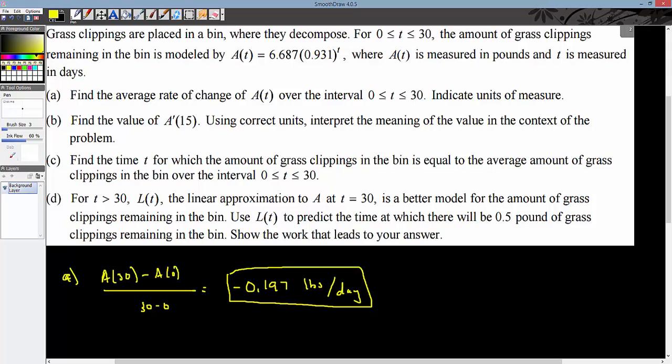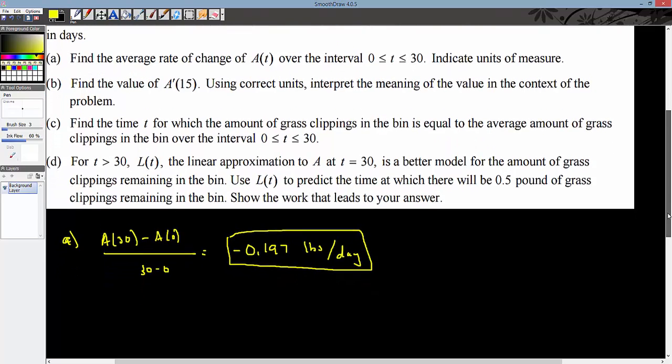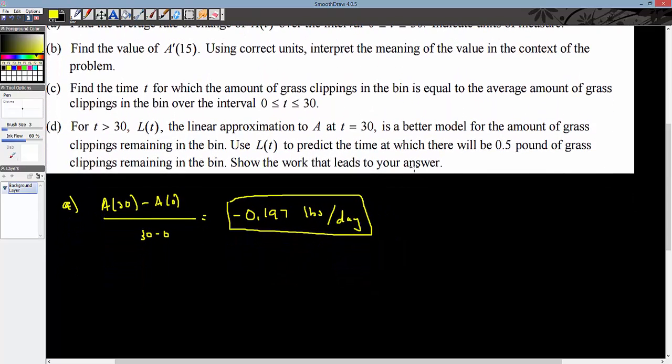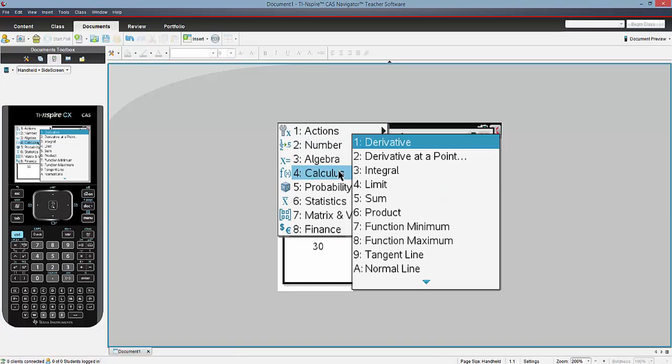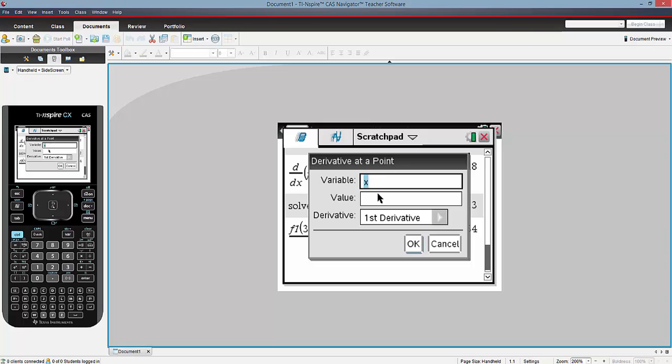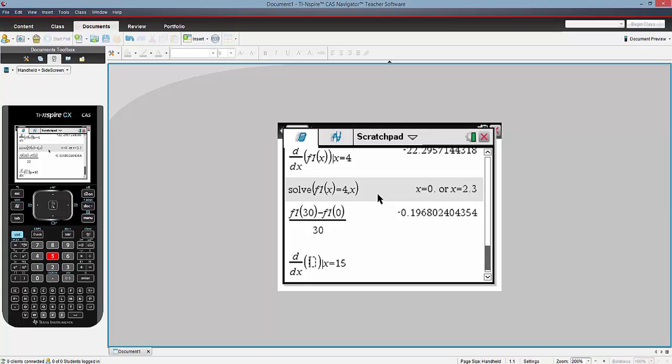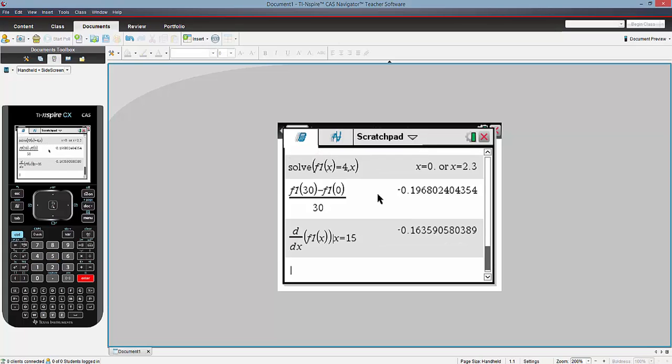Okay, let's take a look at B. B is asking, find the value of A prime at 15. Using correct units, interpret the answer. Well, A prime at 15, that's our good old friend, derivative at a point. So if we went back and we went to menu, calculus, derivative at a point, value is 15, and we typed in f1 of x, we would get negative 0.1635.